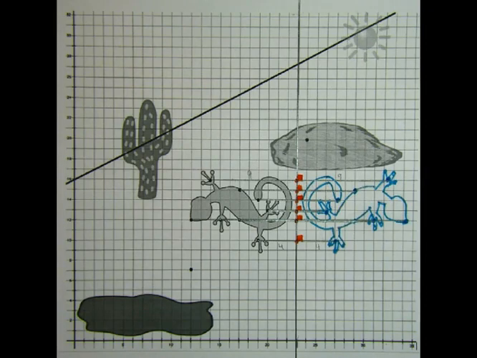Since the line of reflection passes through the midpoint of each of the segments, and it is perpendicular to each of the segments, we can call the line of reflection the perpendicular bisector of the segments connecting the pre-image points to the corresponding image points.